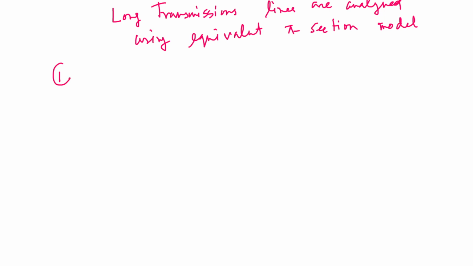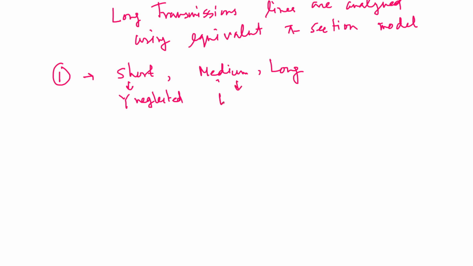The first group of people say there are three types of transmission line: short, medium, and long. What is the difference? In the short line, shunt Y is neglected. In the medium transmission line, the lumped parameter model is considered. In the long transmission line, the distributed parameter model is considered.